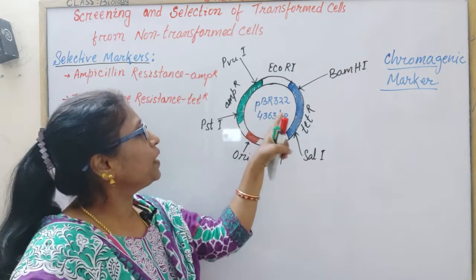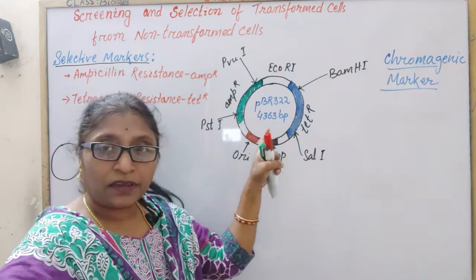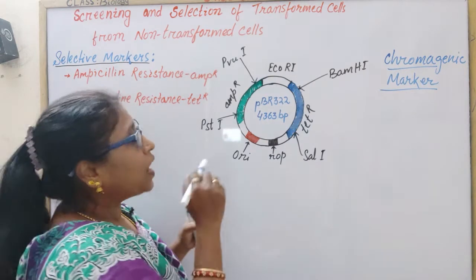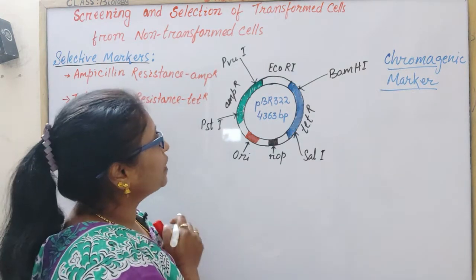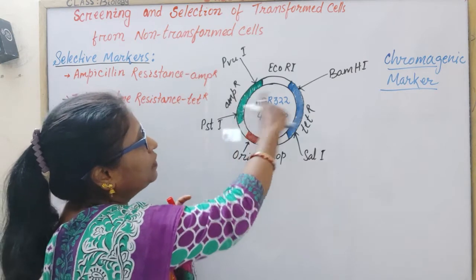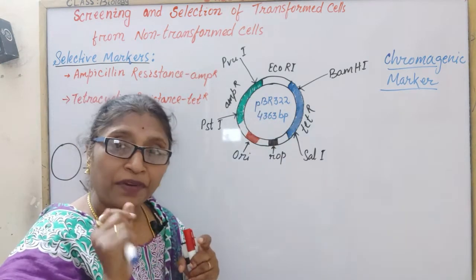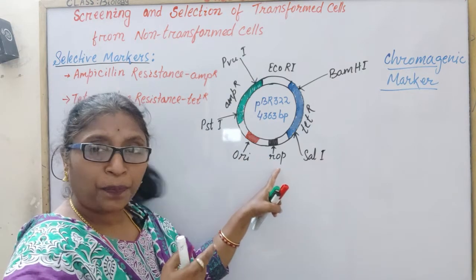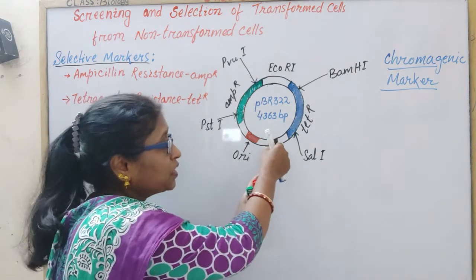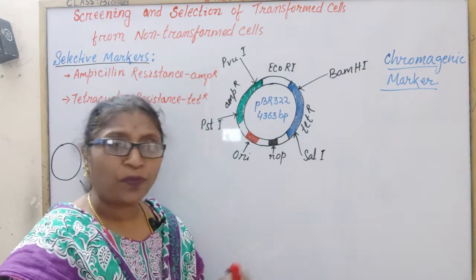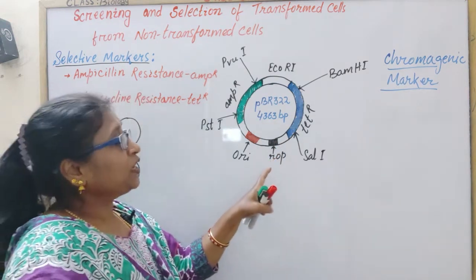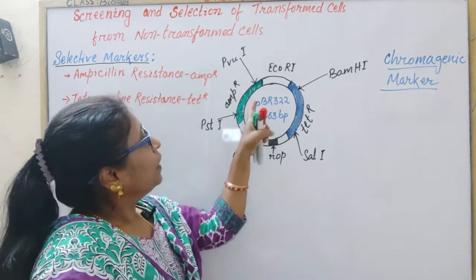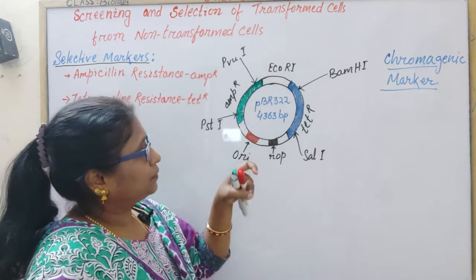As we know, pBR322, the standard plasmid, is engineered for recombinant DNA technology. It has these two antibiotic resistance genes, the ORI, and the ROP for replication of the plasmid. Here is the sequence of nucleotides that encode the proteins, and here the EcoRI site.